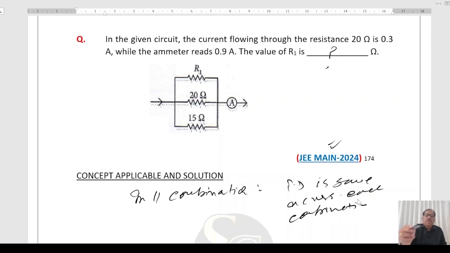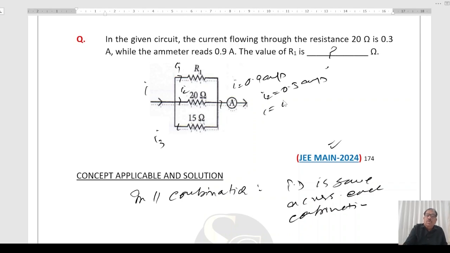right? Say this is I, this is I1, this is I2, this is I3. I is given to be 0.9 ampere, I2 is given to you 0.3 ampere.